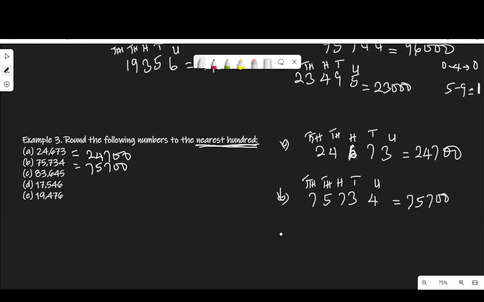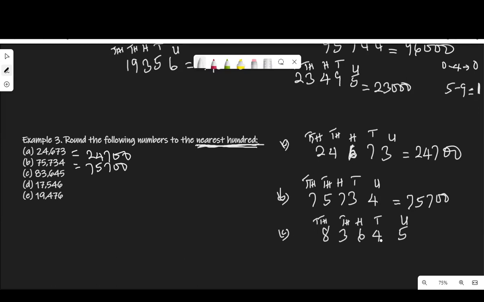Let's go on to C. And C we have 8,365, indicating their place value: unit, tens, 100, 1,000, and 10,000. We are rounding to the nearest 100, so we look for the digit that is in 100 position, which is 3.